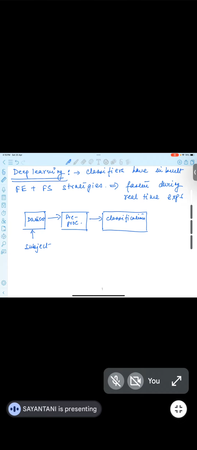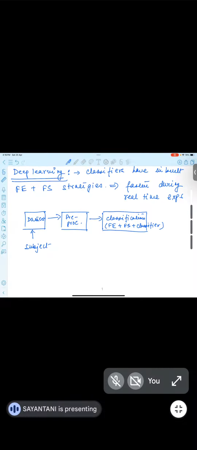And the classifier, whatever deep learning based classifier you're using, has an inbuilt feature extractor, feature selection, and of course, a final classifier all in one block. So separately, you do not have to go for feature extraction and selection. So it is quite faster. Of course, the total number of steps is going to be the same because feature extraction and selection are being done. But in real time, two blocks are omitted from your entire BCI block time. So it is quite faster.